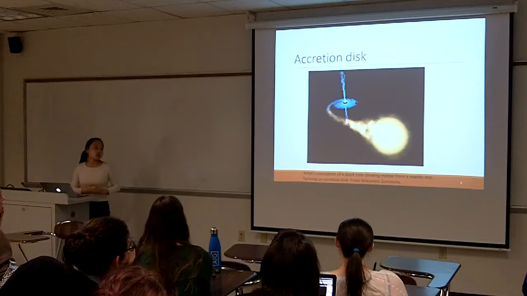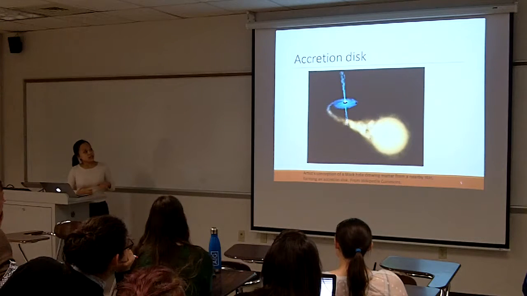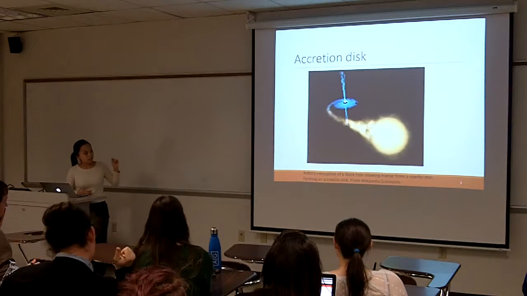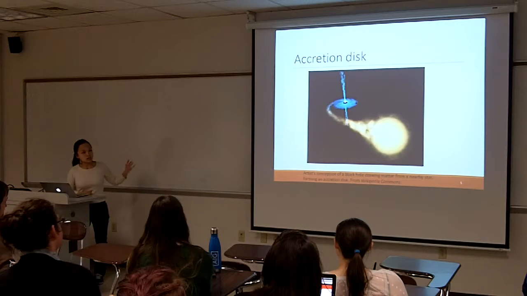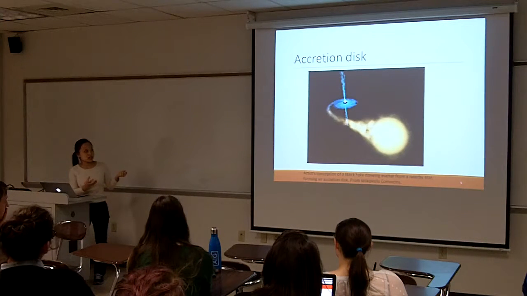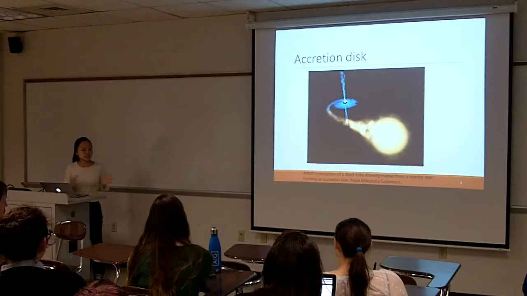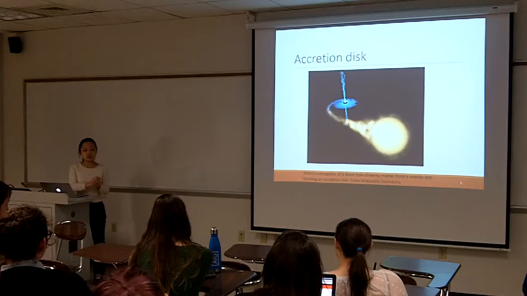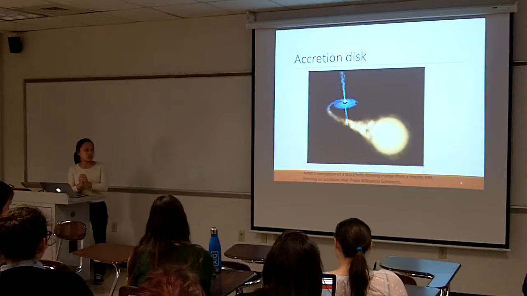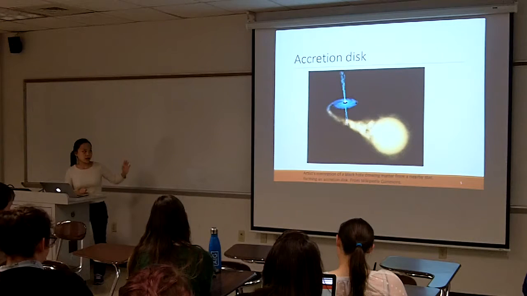The second question is how we observe a black hole. Observationally, when a black hole has a companion star, and the black hole is so compact, the black hole can draw material from the companion star.